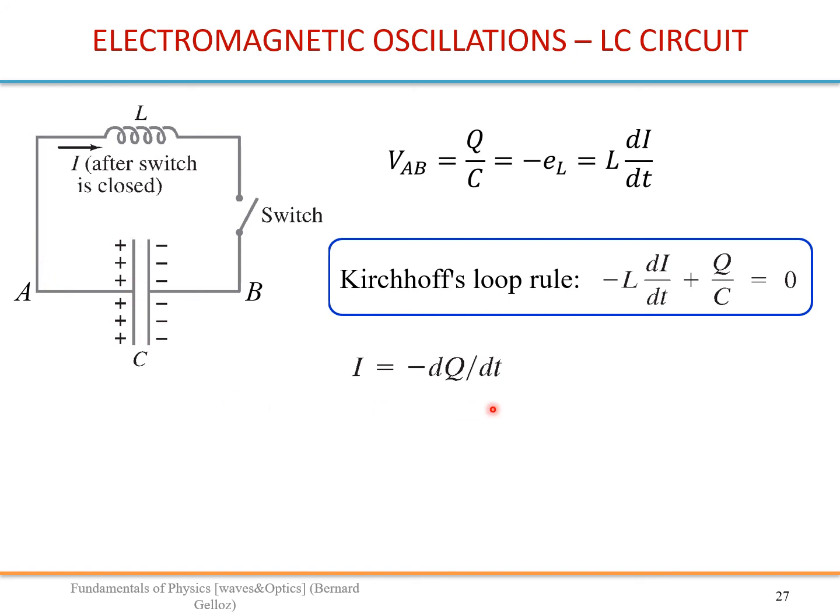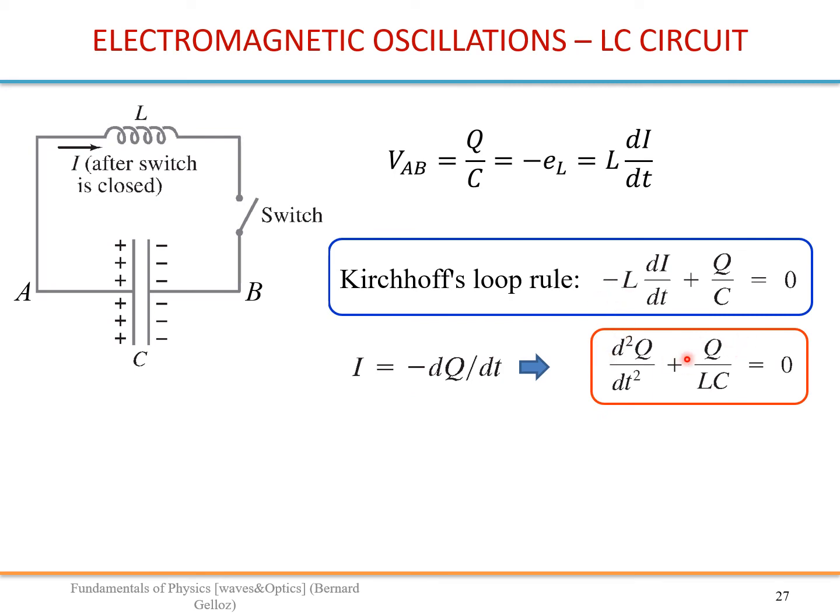Q decreasing means dq dt negative. Therefore we need to put a minus to get a positive current. So this is an important step, this sign. When you replace this, this sign will disappear and you get a plus here, and indeed what we expected.